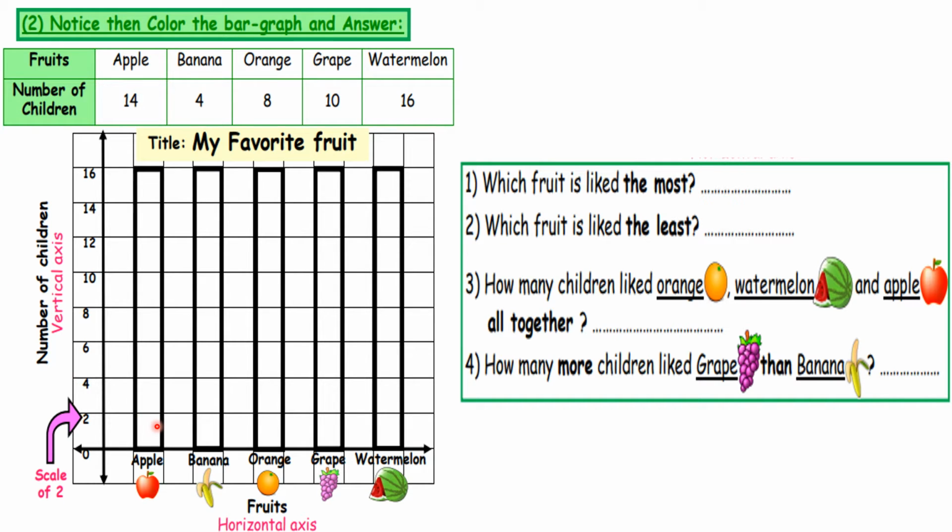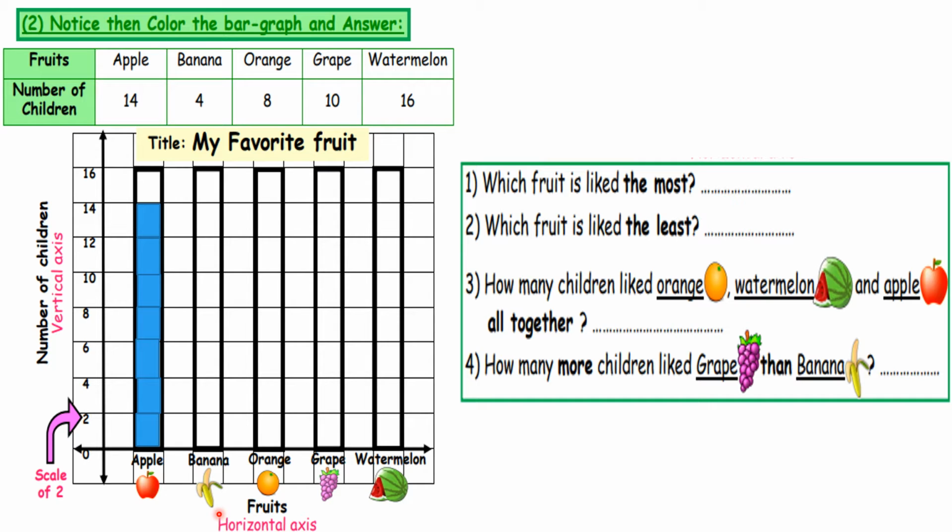So I will color here 14. Now, don't forget that this bar is counting by 2. So every one bar is representing 2. So I will color to reach number 14. I will color 1, 2, 3, 4, 5, 6, 7 bars only.